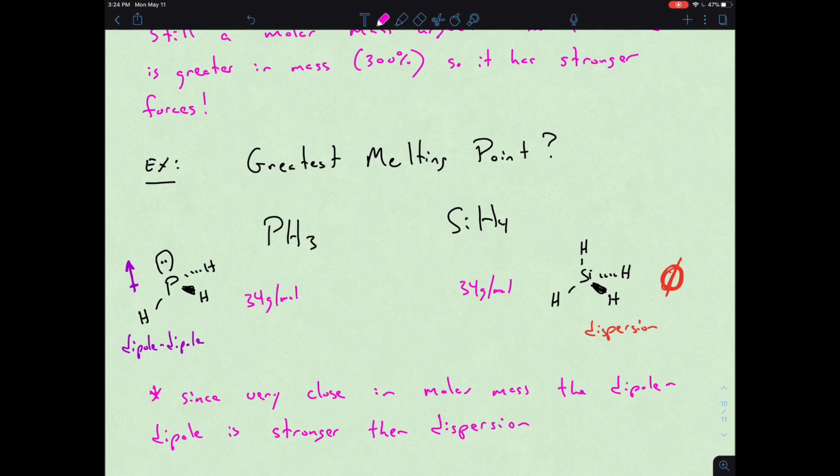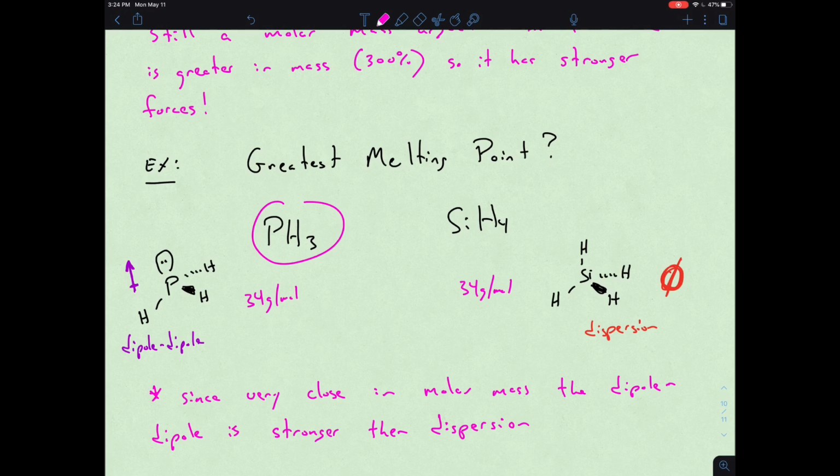And so the phosphine would have the stronger forces of attraction that exists. So that's this notion of forces of attraction.